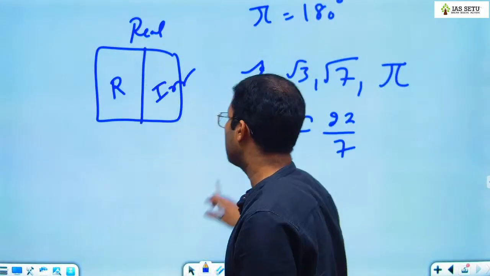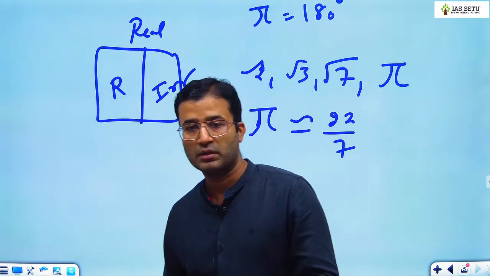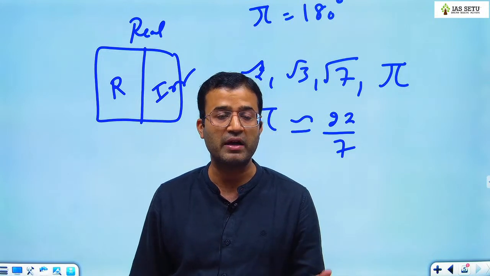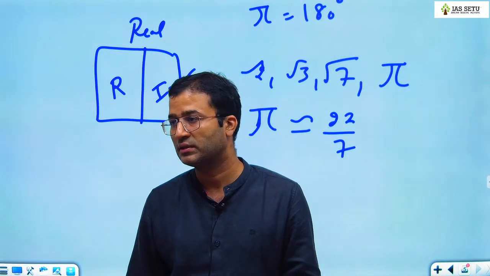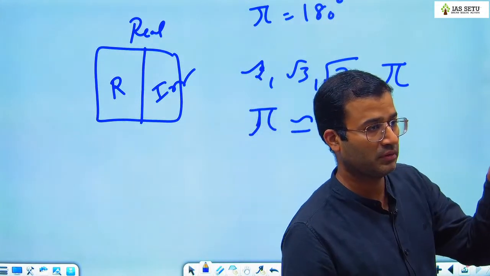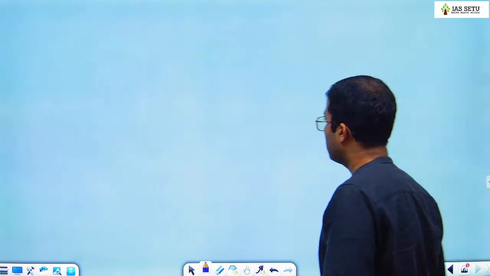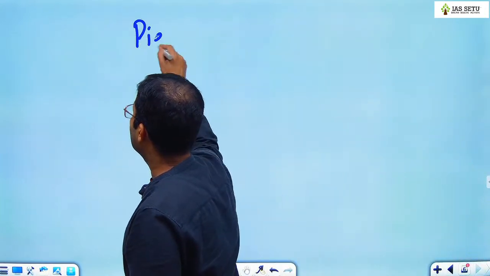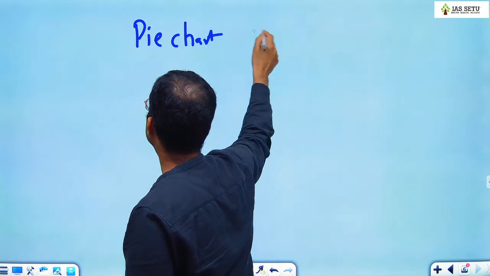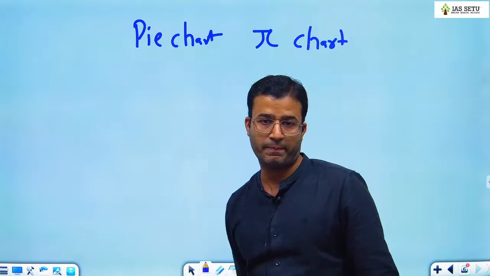Wait. See here, school days might have studied statistics part. Statistics पढ़ा होगा. If by mistake you attended those classes, जिसने की होगी टेबल, बार ग्राफ, पाई चार्ट. ठीक है. Here, either you call this pie chart, या इसको ये भी बोल सकते हो पाई चार्ट. It is same pie.